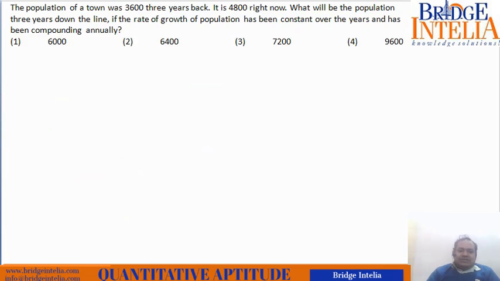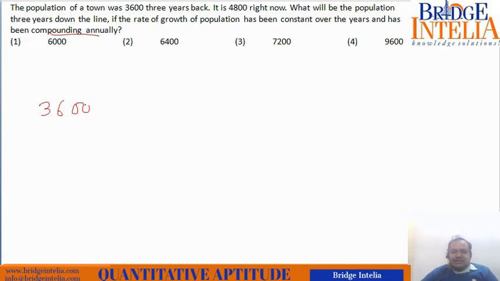Now let's move to the next question. Let's see this one. The population of a town was 3600 3 years back. It is 4800 right now. What will be the population of the town 3 years down the line if the rate of growth of population has been constant and has been compounded annually? Same concept.